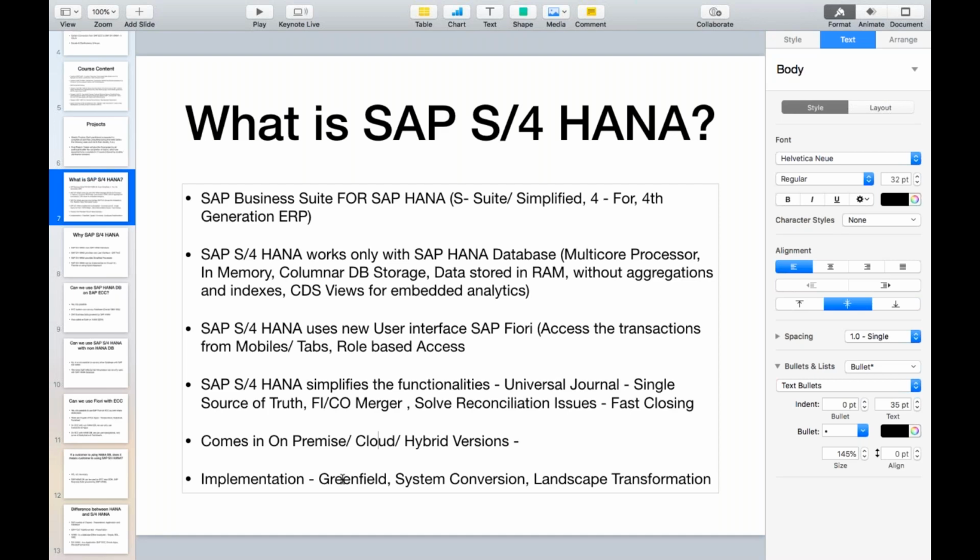And the last one is that SAP S/4HANA can be implemented in three ways. You can go through a greenfield implementation project. We will also discuss today which customers should go for greenfield, which customers will go for system conversion, and what exactly is a landscape transformation, right? So these are the things that we discussed yesterday.